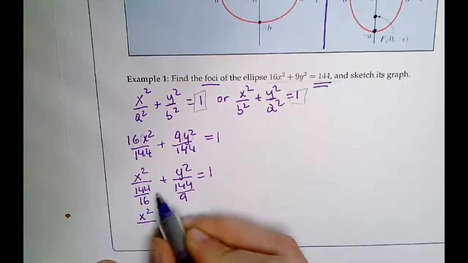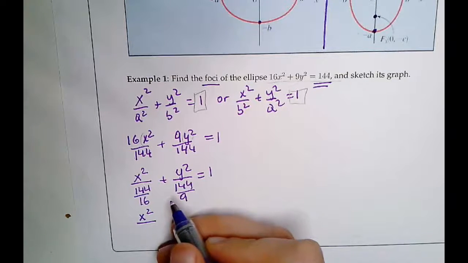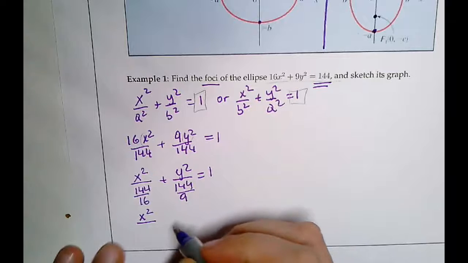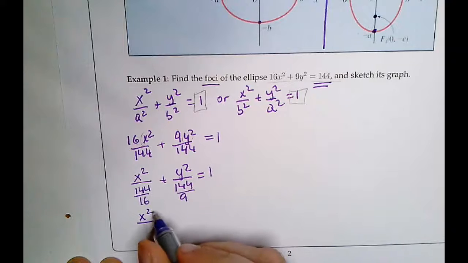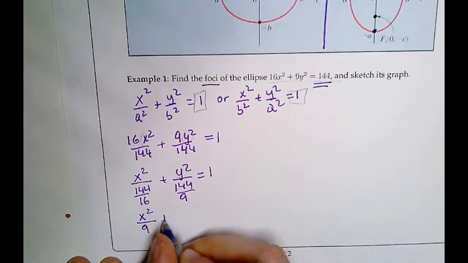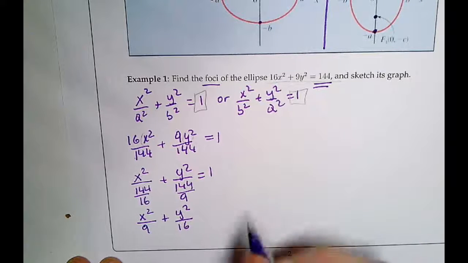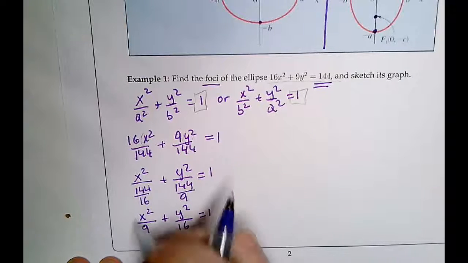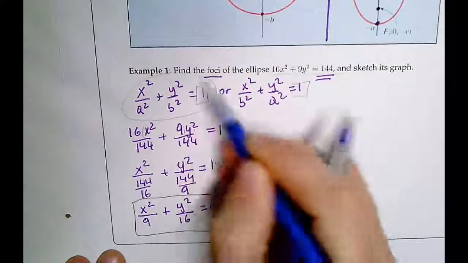For x squared, 144 divided by 16 I can reduce, and that's 9. And 144 divided by 9 is 16. Okay, so I brought it into the form I needed. So now I have to decide, is it of this type or of this type?